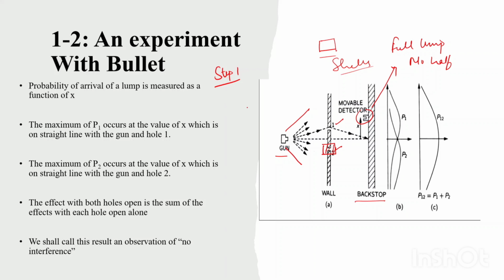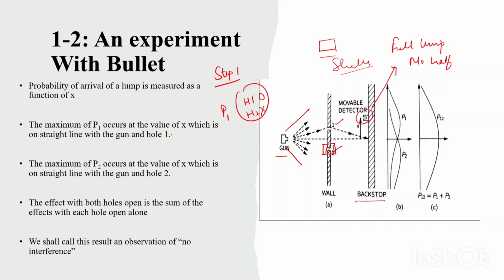Now from here we calculate the probability P1. You must remember this, that it is for hole 1 open, but hole 2 closed.